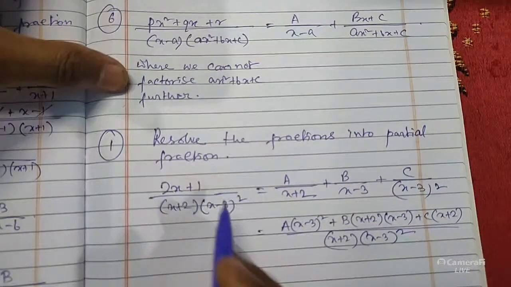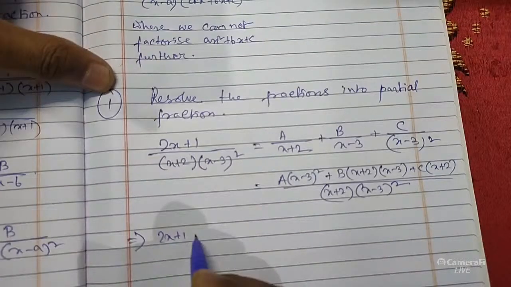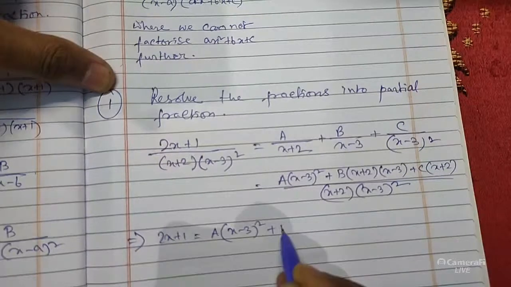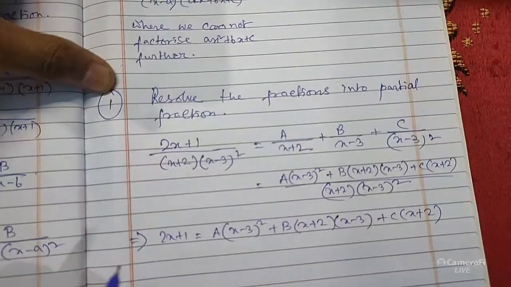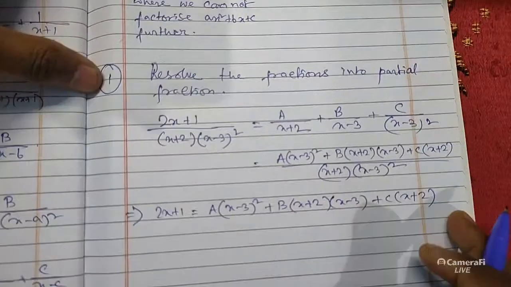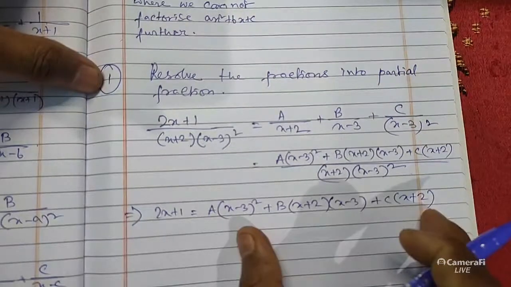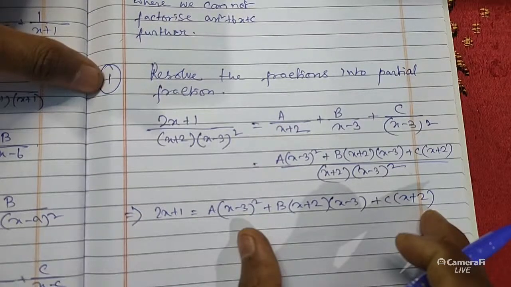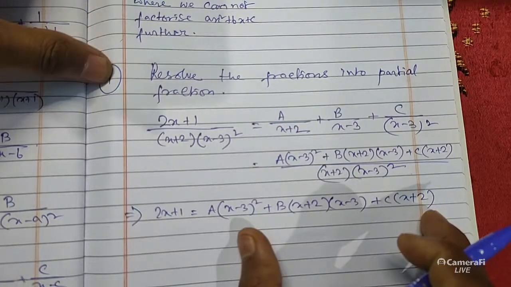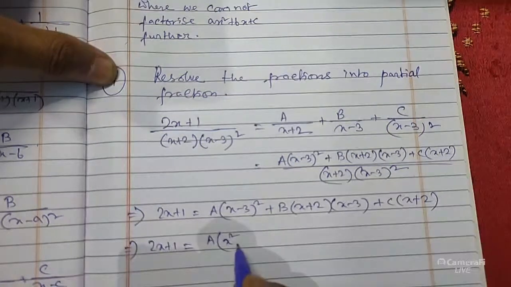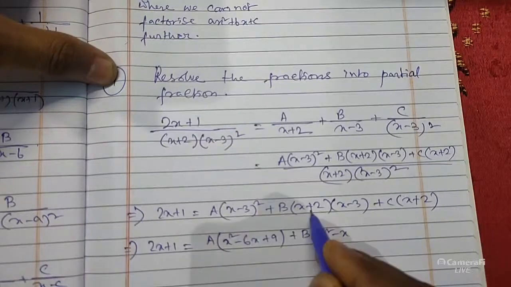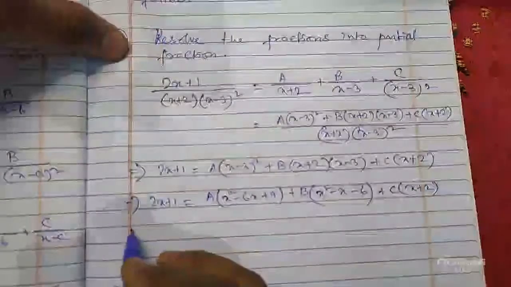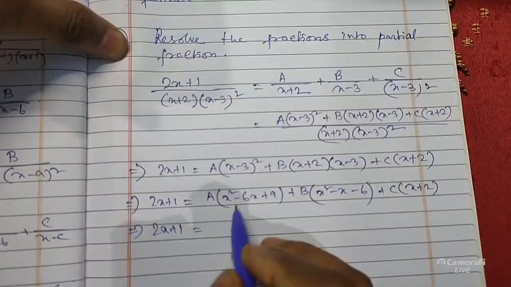So the denominator on both sides is equal to a into x minus 3 whole square, x plus 2, plus c into x plus 2, and so on, minus 6x plus 9 plus 2 plus 1.